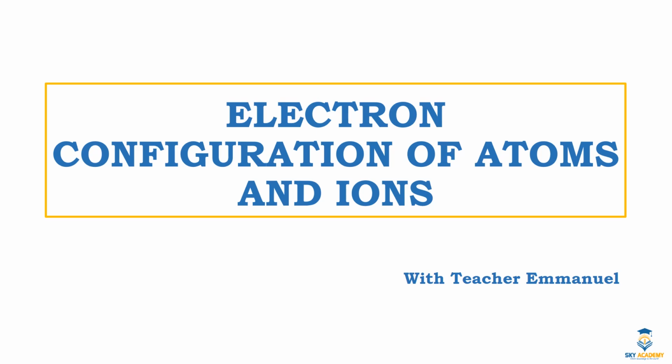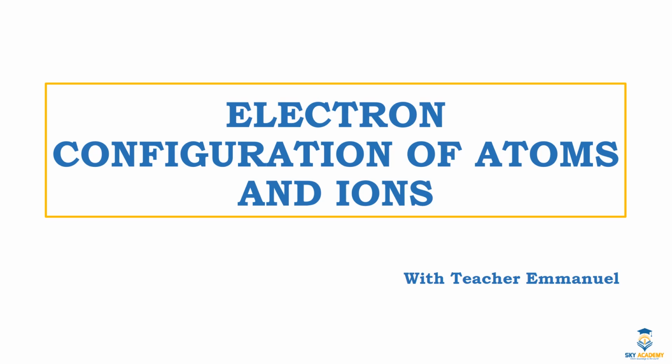In previous sessions, we have seen the atom, the protons, electrons, and neutrons, and the discoveries of those subatomic particles. Today we will look at how electrons are distributed in their respective orbitals.